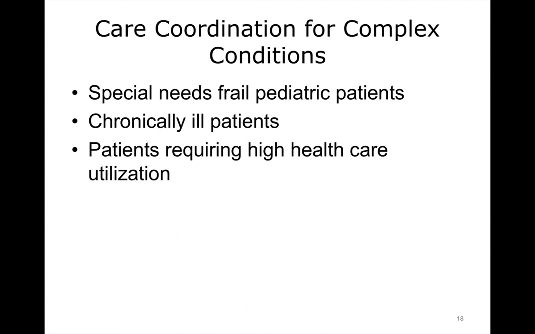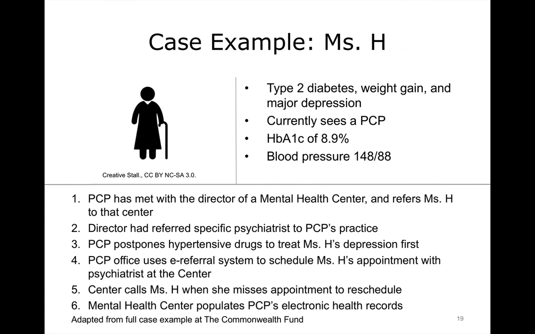Models for coordinating care for poorly controlled or complex conditions include special needs frail pediatric patients, chronically ill patients, and patients requiring high healthcare utilization. Older patients with chronic disease need particularly complex care coordination, as they often see many specialists and have lengthy medical histories.